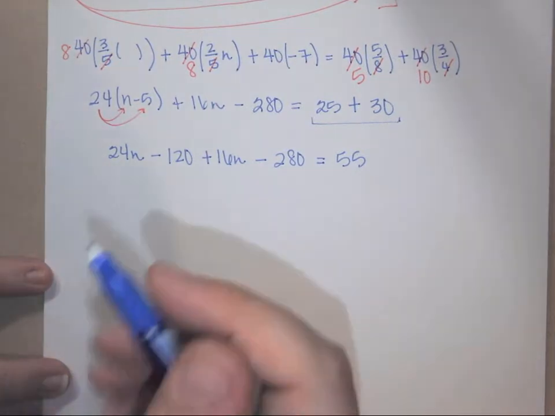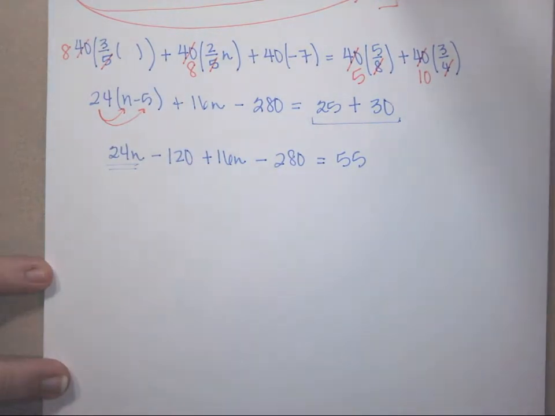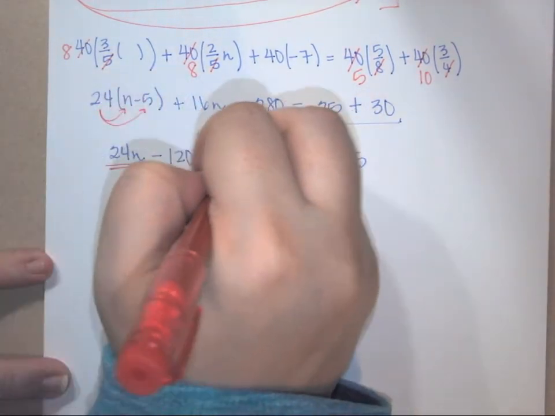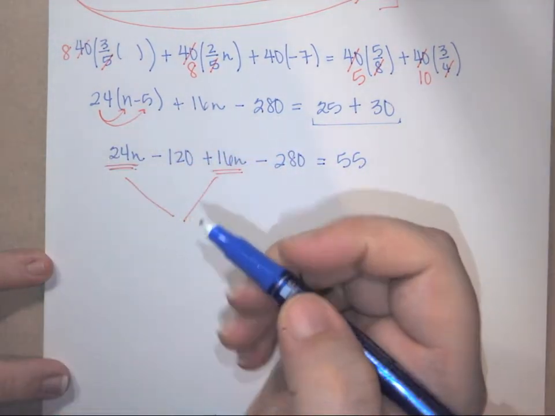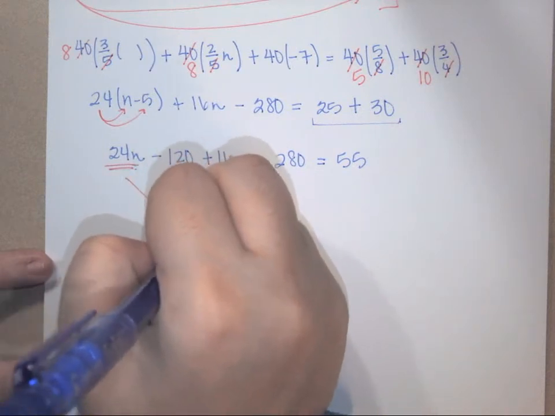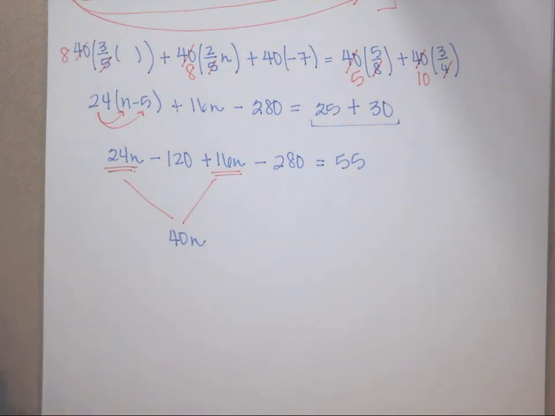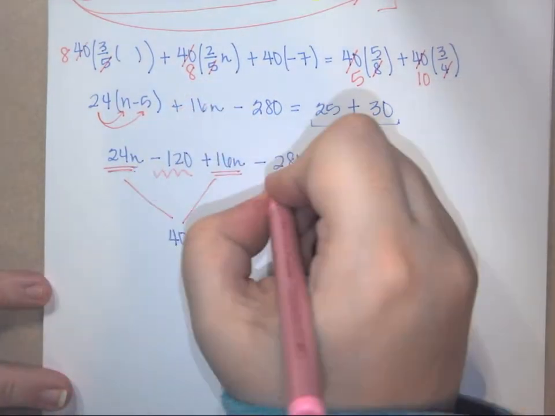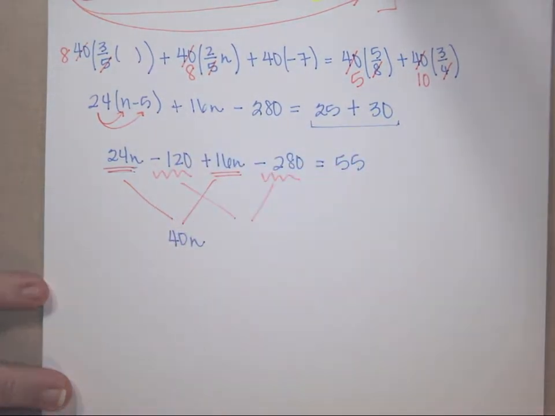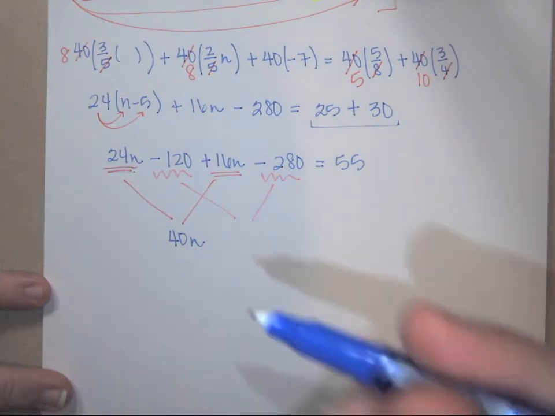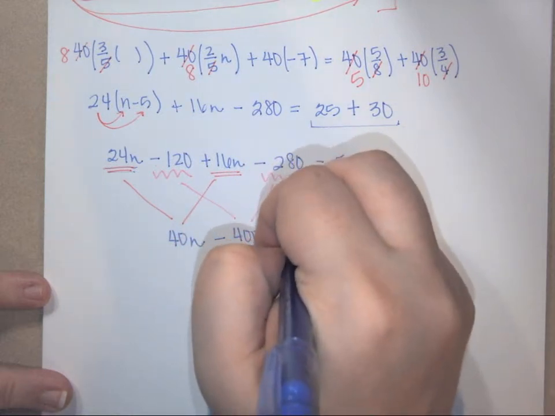Now in this case, we would take this 24n and the 16n and combine them together, and in this instance we're going to end up with 40n. We would then take your 120 and your 280 and combine those two together, and this is going to end up giving us minus 400 is equal to 55.